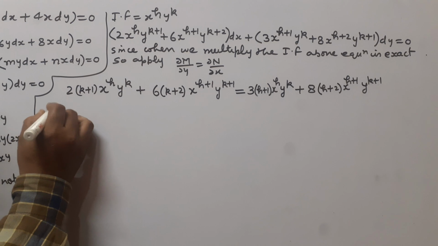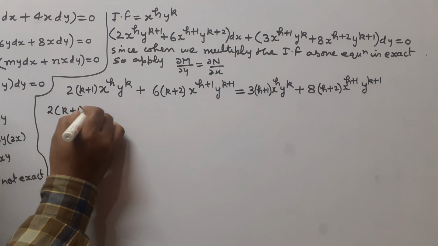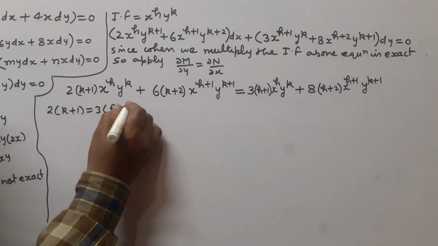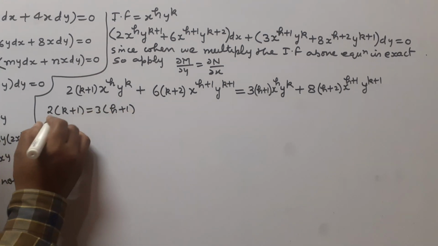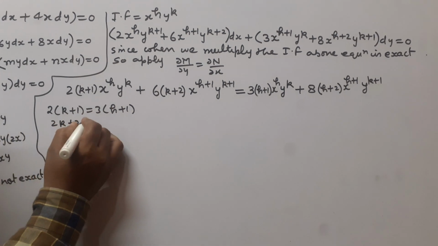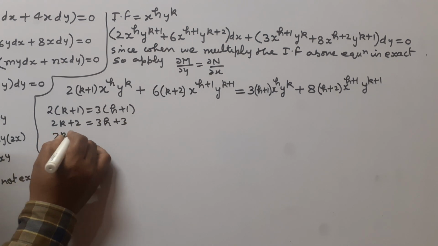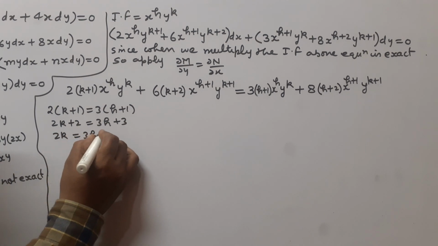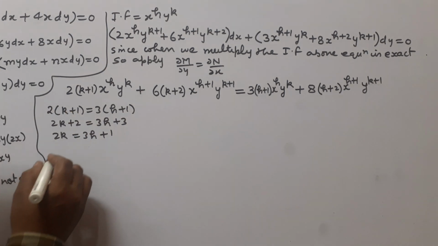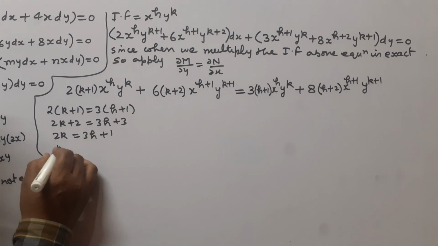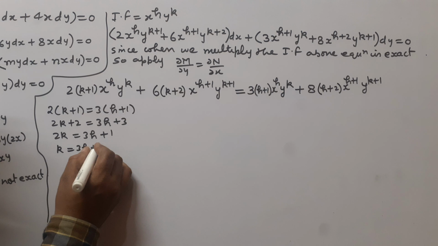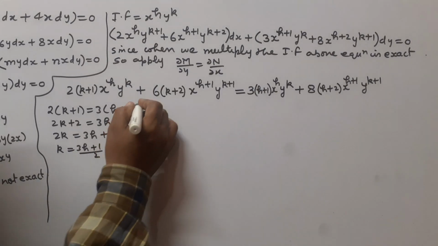So 2 times (k plus 1) is equal to 3 times (h plus 1). We solve this to get 2k plus 2 is equal to 3h plus 3. So we write here 2k is equal to 3h plus 1. So from here we write k is equal to (3h plus 1) divided by 2.